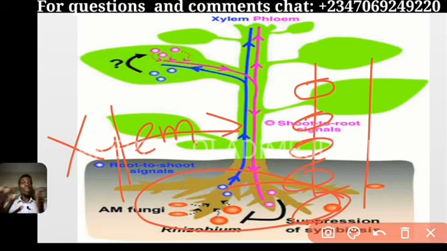So xylem cells form xylem tissue, and this tissue is like a tube that transports water upward in the plant. So don't be confused. What you are seeing is actually a xylem vessel, but this vessel is formed by xylem cells in the body of the plant. So they transport water and mineral salt from the soil upward in the plant.